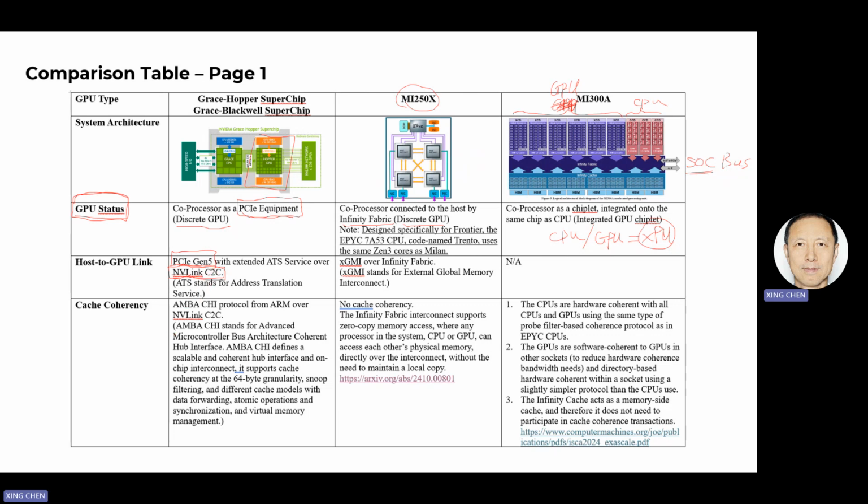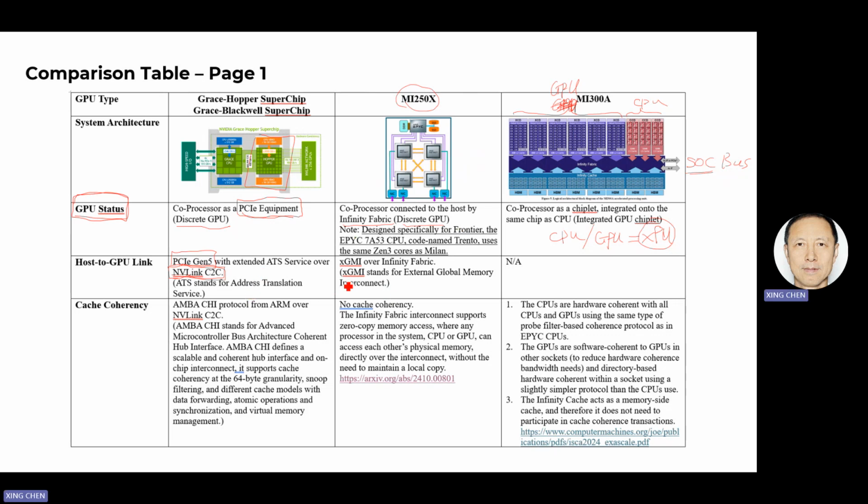So logically, and also physically, no, pretty much logically, because they are connected to the system by the PCIe protocol, pretty much it's more a PCIe equipment.